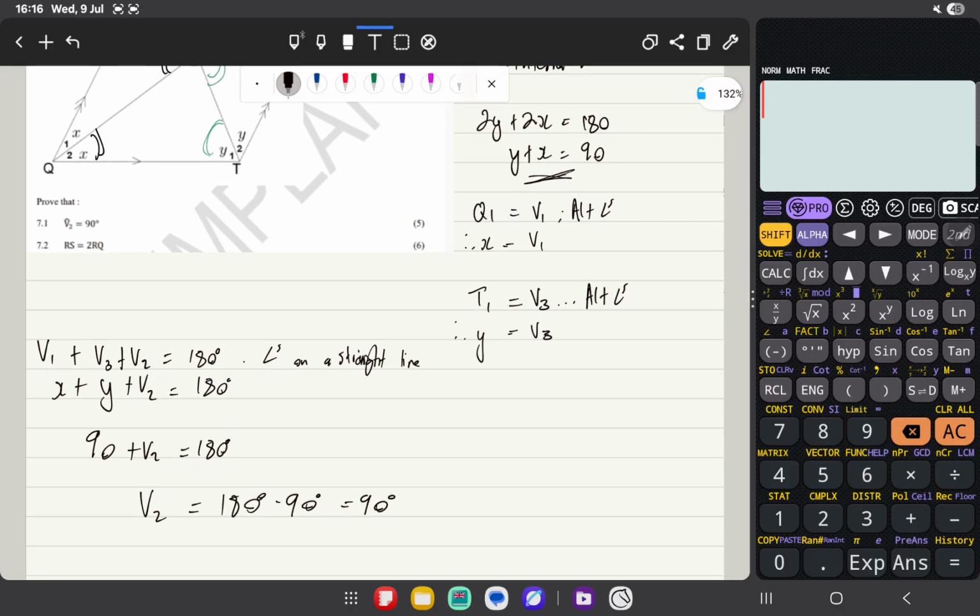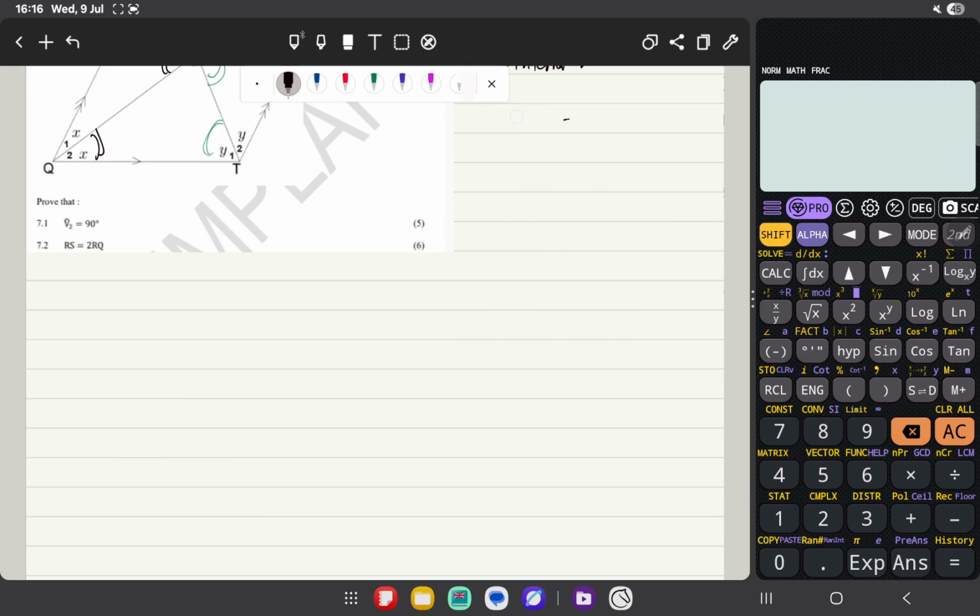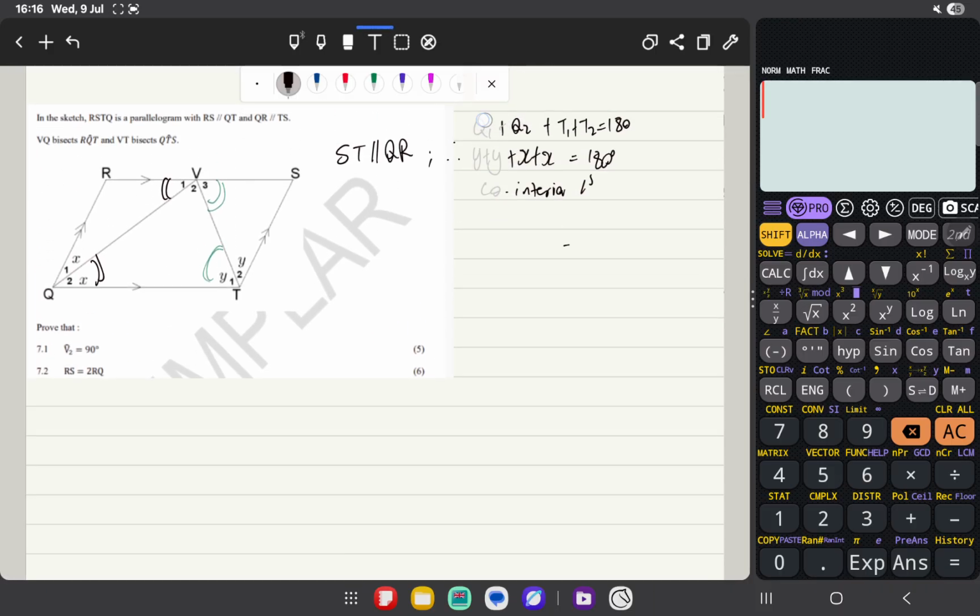Alright, so we'll remove everything. We have now, prove that RS is equal to 2RQ. So let's look. I just proved that this is y, and here I just proved that this is x.